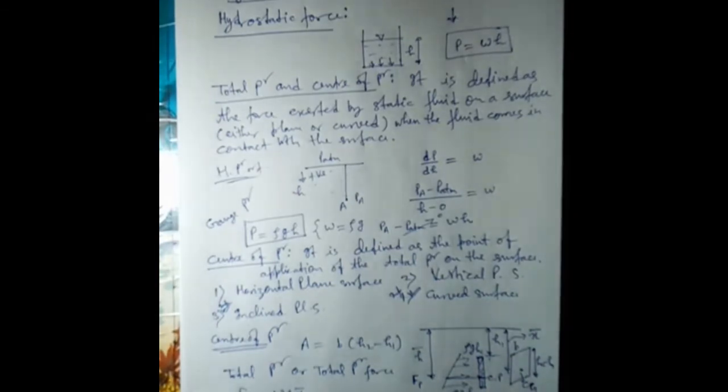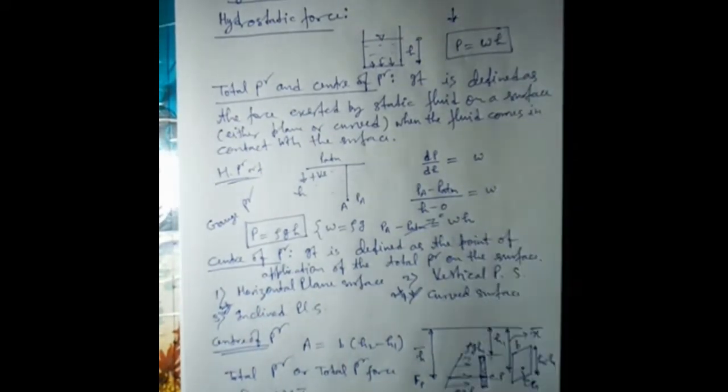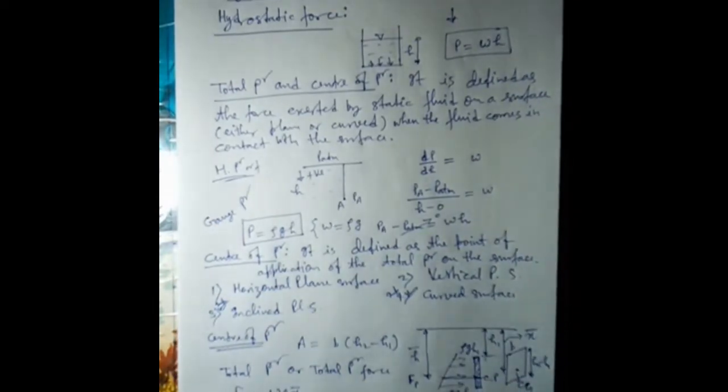And h bar is how much? H bar is equal to IG upon A x bar plus x bar, which is the application of the parallel axis theorem, and h bar is always greater than or equal to x bar.